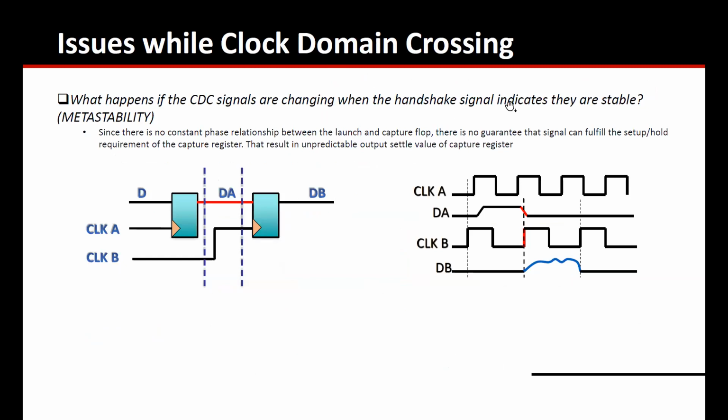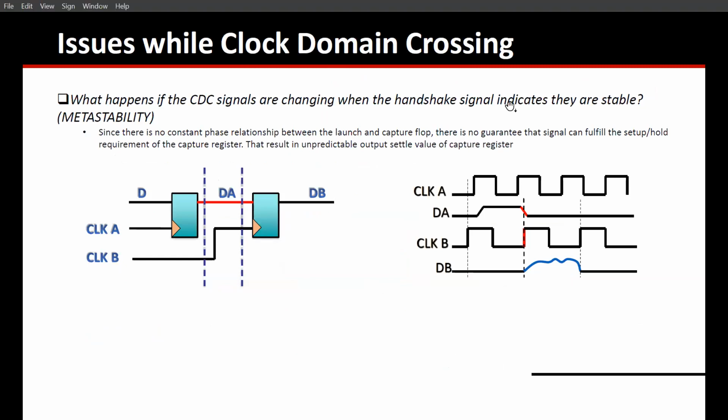The issues which we face during clock domain crossing are, first of all, metastability. Let's suppose you all understand what metastability is. Can anyone give a vague idea? Metastability means the data is undetermined.